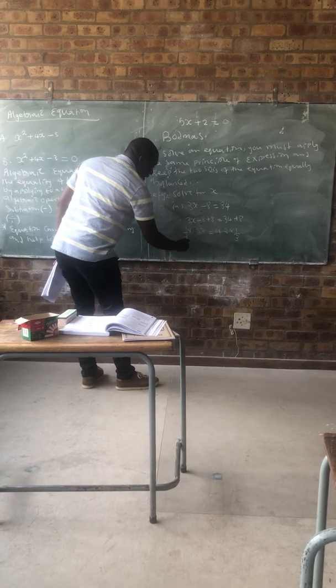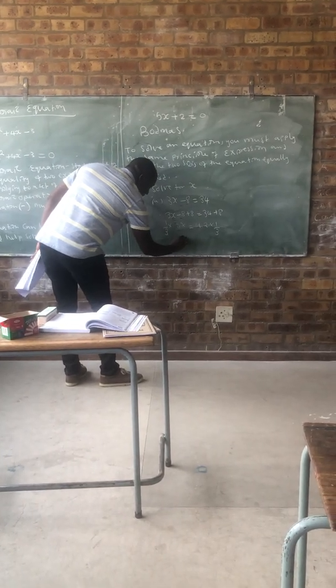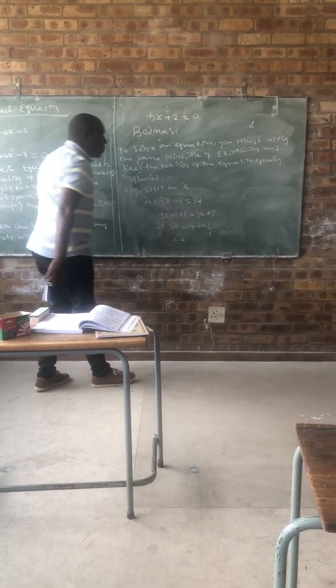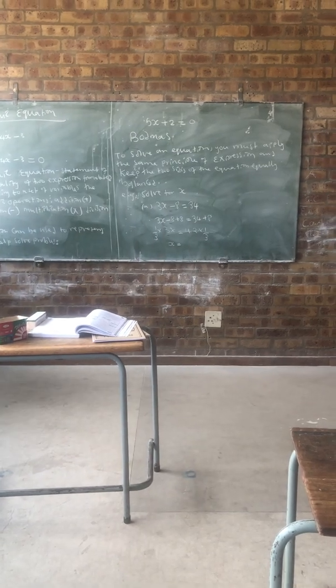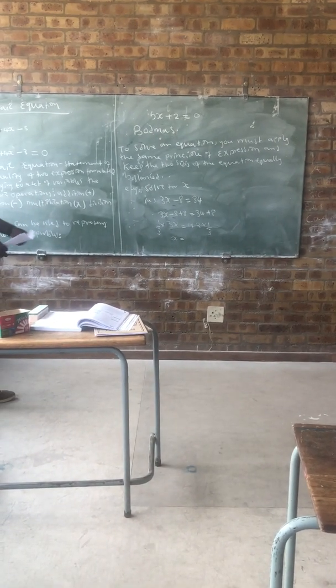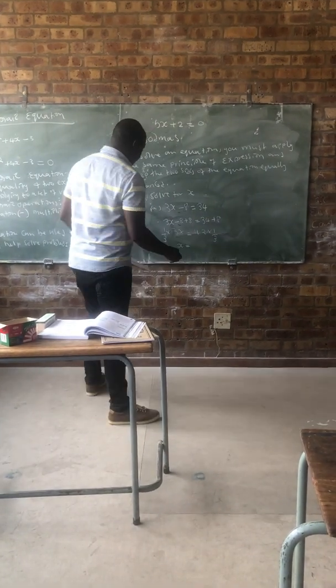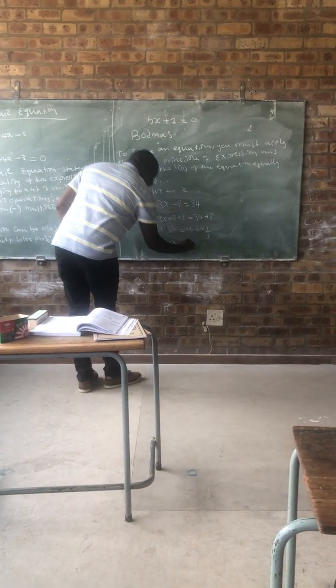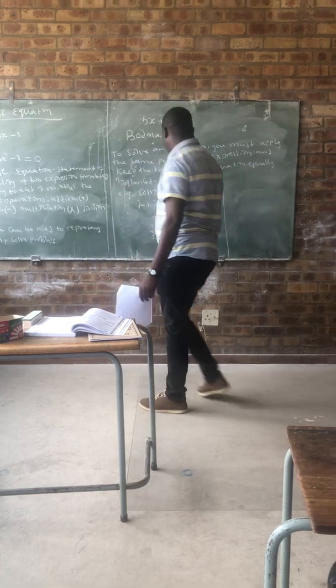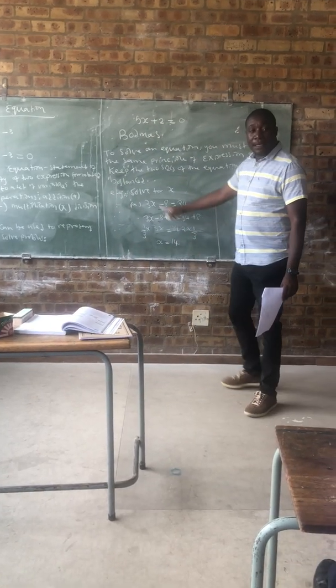So 3 divided by 3 is 1, and we are left with x. 42 divided by 3 is 14. So x is 14. Now let's test whether 14 is the value of x.